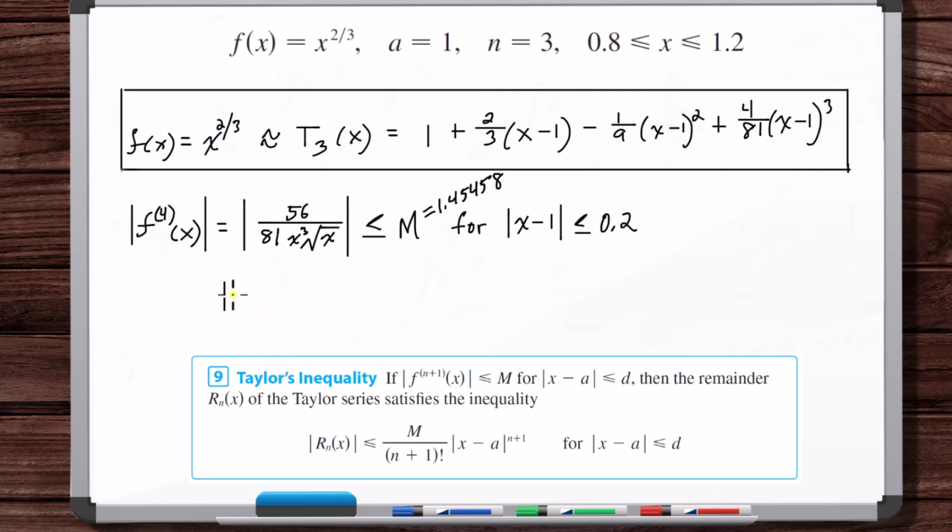So now we have everything we need. R sub 2 is going to be less than or equal to, so n plus 1 factorial, that's 3 times 2 is 6. Okay, x minus 1 to the n plus 1. No, this is not right. I'm sorry. We want R sub 3.